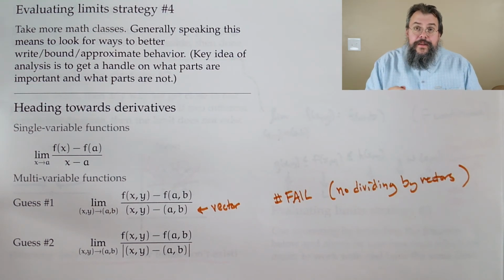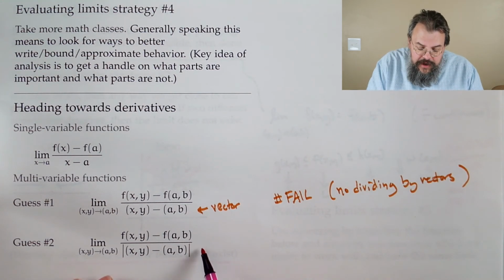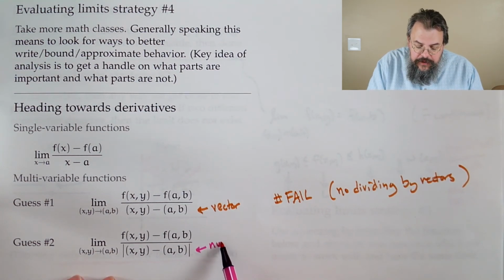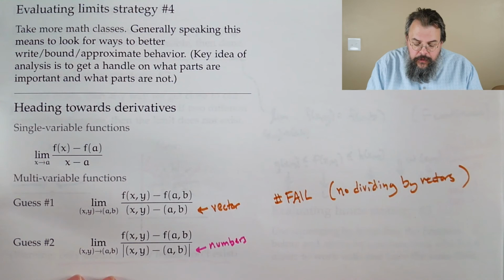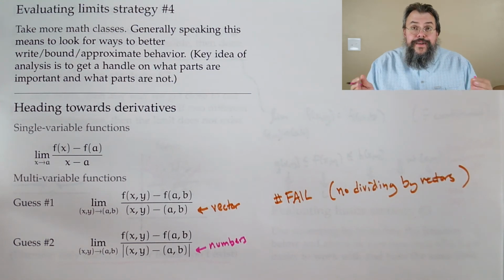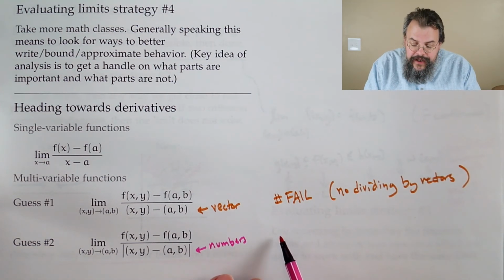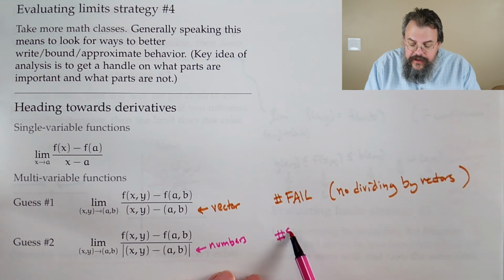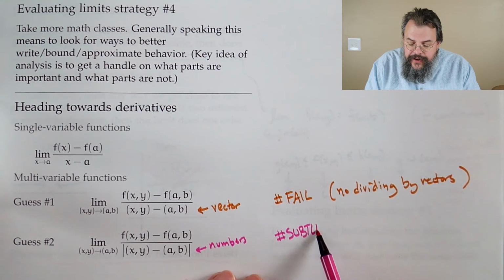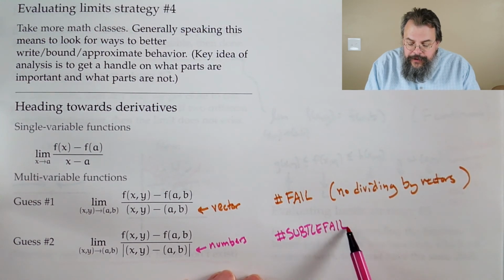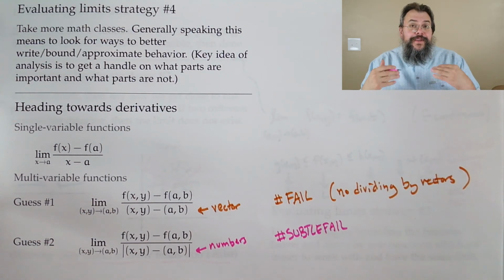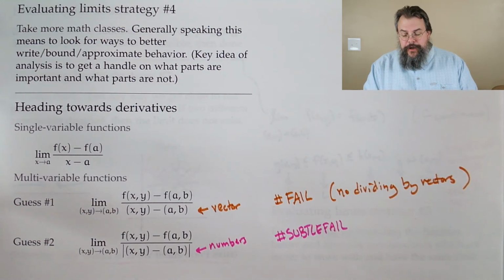Well, now we at least have a number downstairs, and we say, okay, well, is this going to work? And, #subtle fail. Now, what's wrong? Why will this fail? Why does this not work?